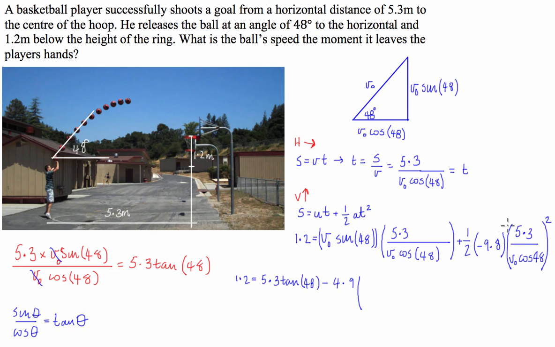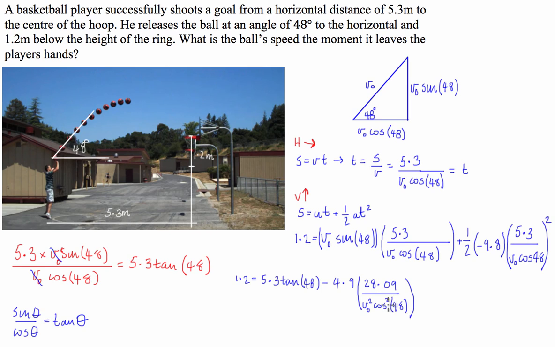And then we've got 5.3 squared, which is 28.09, divided by v naught squared cos squared 48.